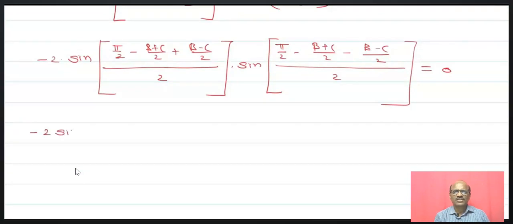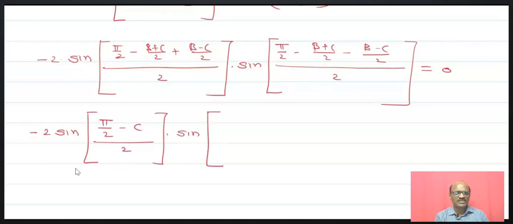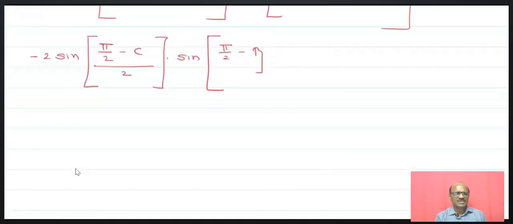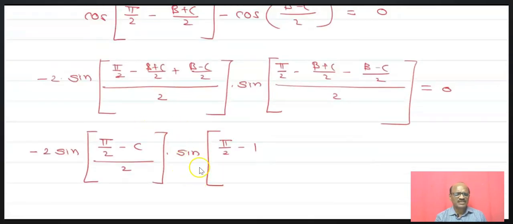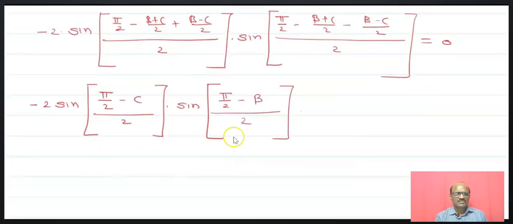Since 2 is not equal to 0, what will happen? That is pi by 2 minus c upon 2, and the terms with b get cancelled: minus b by 2 plus b by 2 get cancelled. In this case, the sine of (pi by 2 minus b upon 2) equals 0.